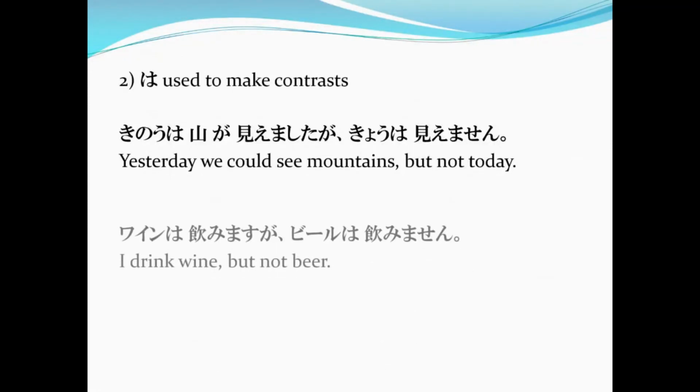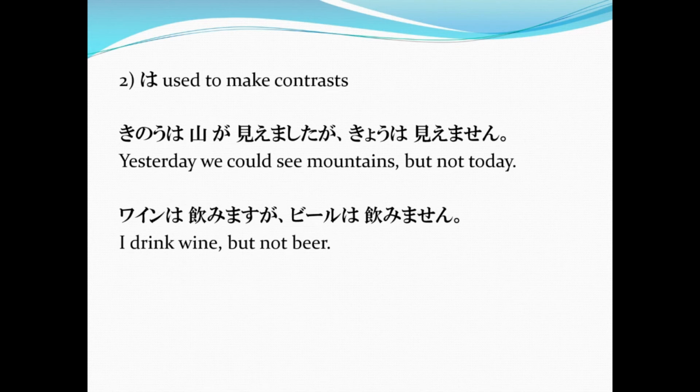Another example, wine wa nomimasu ga biru wa nomimasen. Again, wine wa nomimasu ga biru wa nomimasen. Or stating that I drink wine but not beer, contrasting the difference in drinking wine and not drinking beer.